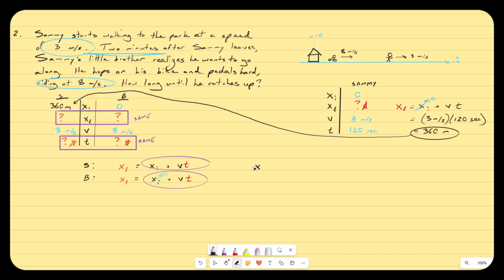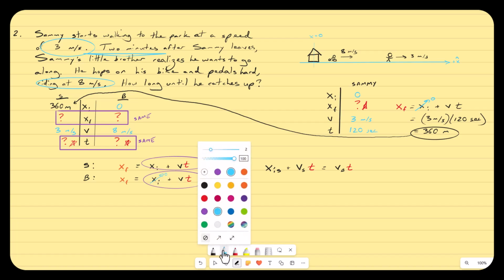So X initial for the brother plus v brother times time equals X initial for Sammy plus v Sammy times time.